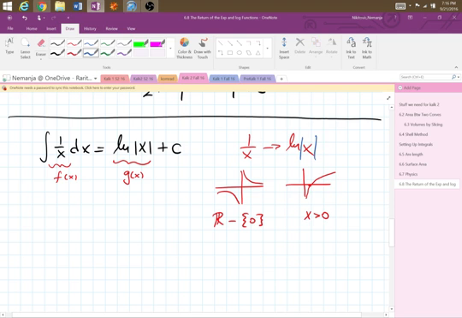If you plug in the absolute value, it's going to create one more branch right here, like that. It's still going to fail at 0, and it should, because the original function which you integrated contained the vertical asymptote at x equals 0. And now when you integrate it, the ln still has the vertical asymptote at the same point, it must, right? Which is x equals 0.